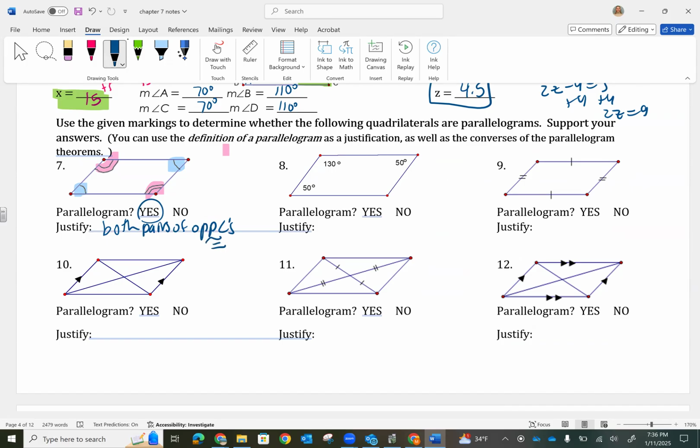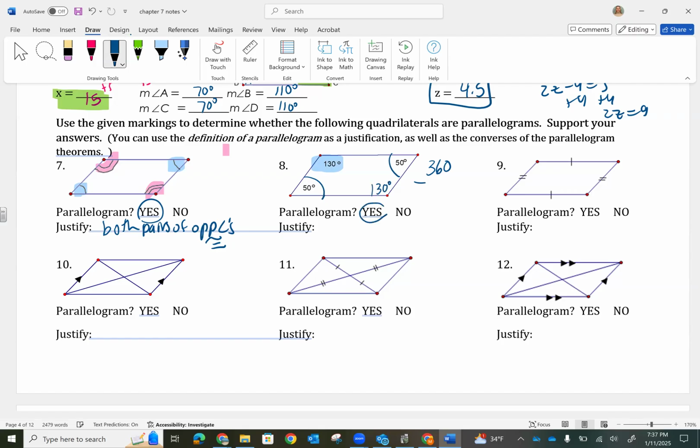The next one, would this be a parallelogram? Well, I know that these 2 match each other. Would the other 2 match? And the answer is they will. And how do I know? Well, how I know is that we have a quadrilateral, which has 360 degrees. And if you minus off these 3 values, okay, you are going to get this other angle to be 130 degrees.